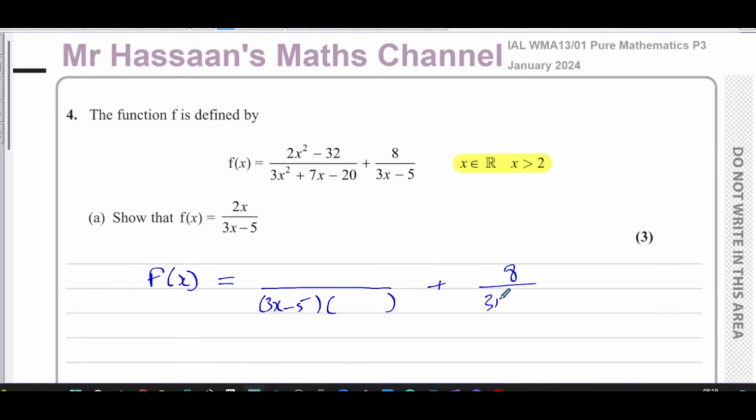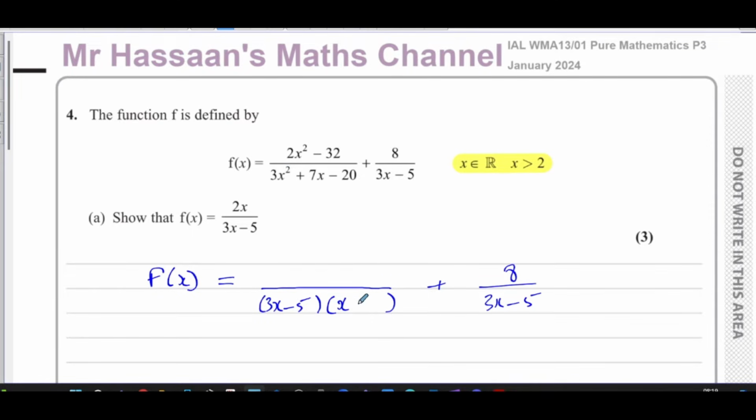So instead of going through the whole process of splitting the middle term or whatever and trying to factorize, you could assume that one of the factors is 3x minus 5 and then see, actually, does it work? So what would have to be put here for this to be 3x minus 5, and you multiply by something to give you 3x squared plus 7x minus 20? Well, 3x times x will give you 3x squared. And let's look at the constant at the end.